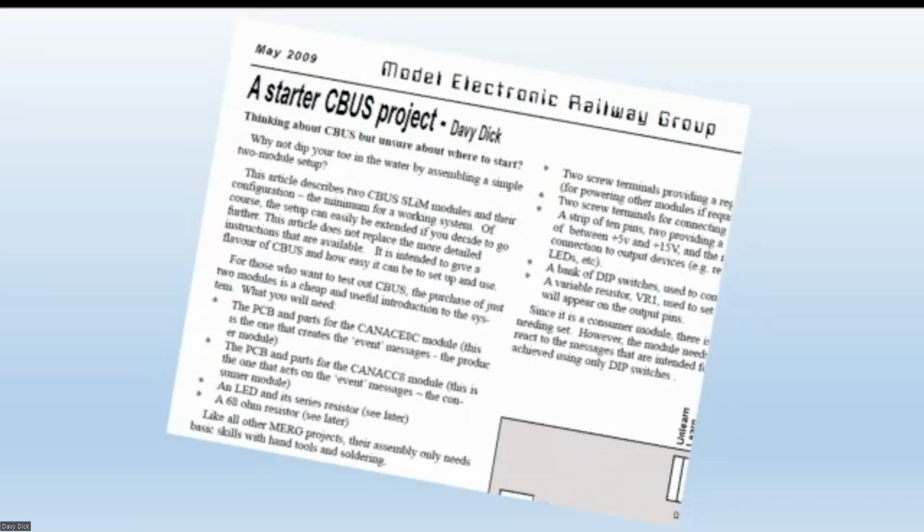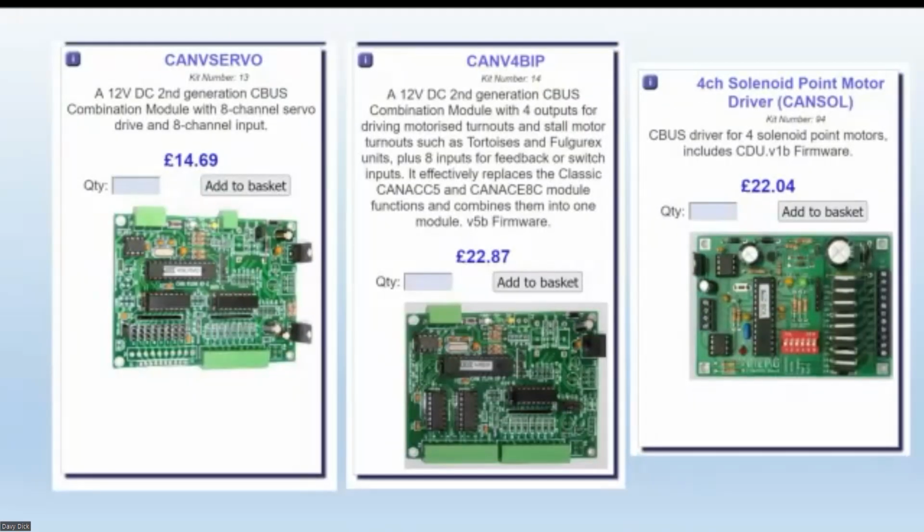Having said that, C-Bus has also got a more modern set of modules. One that will handle servos, 8 servos, one that will handle stall motors like tortoises, and one that will handle solenoids. So depending on your type of layout, whether it's servos or tortoise or solenoids, there's a kit to handle that.